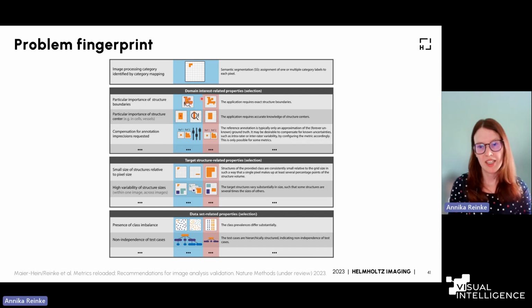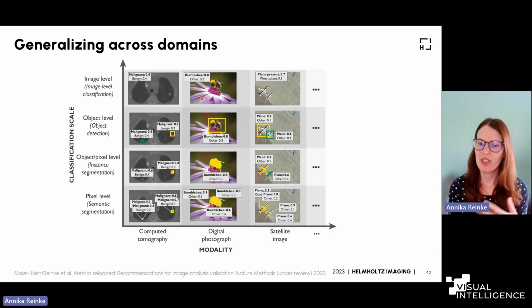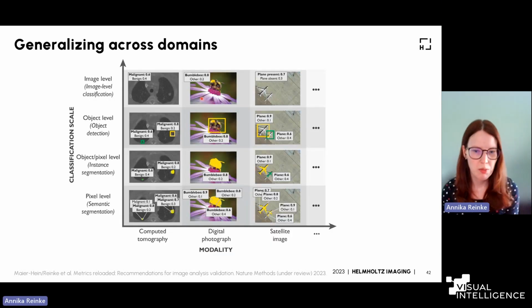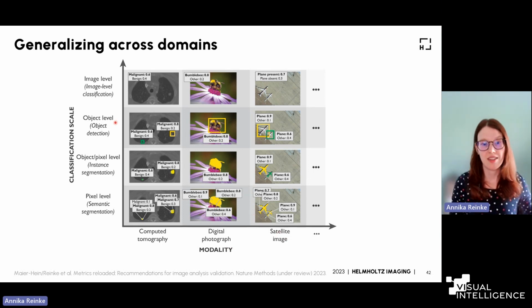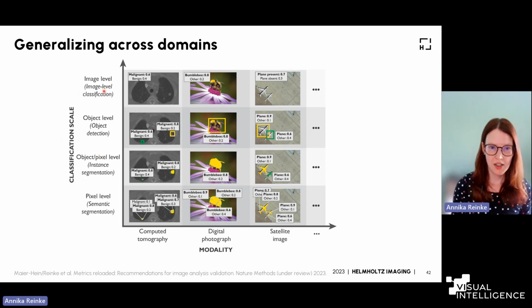And the nice thing, given this problem fingerprint, is that it really generalizes across domains. So it's not important whether we have a CT image or something like natural images or satellite or whatever kind of image. It's just important that it's a classification task. And here we have 4 different tasks that we're looking at.